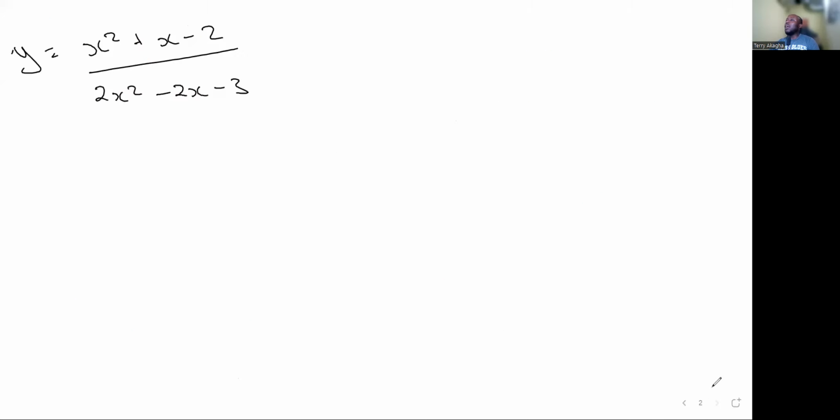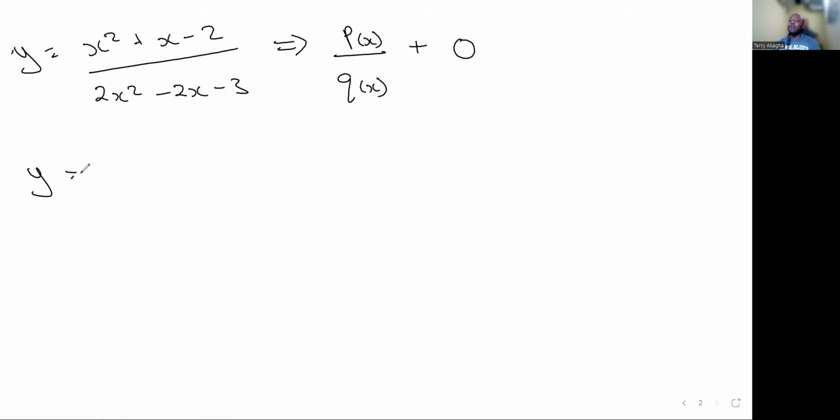But in this case, d is 0. So that means we have a ratio of a quadratic over a quadratic, but in this case, d is 0, okay?